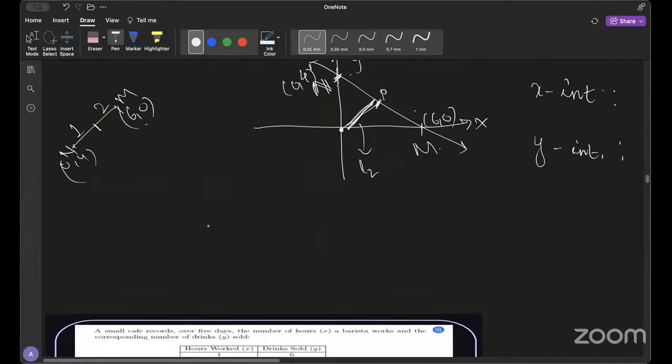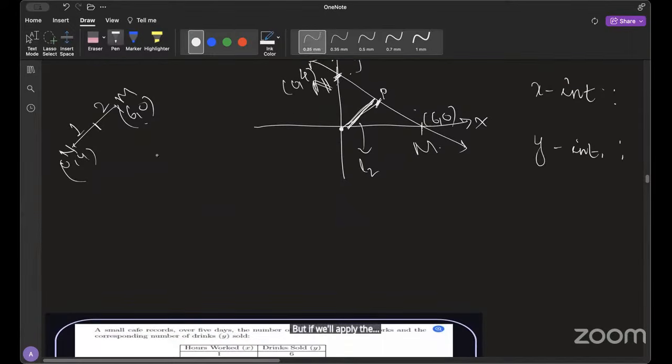So if we apply this formula for the point which divides a line segment in a given ratio m is to n. Should I write the formula or should I directly use it? Directly use it, ma'am.